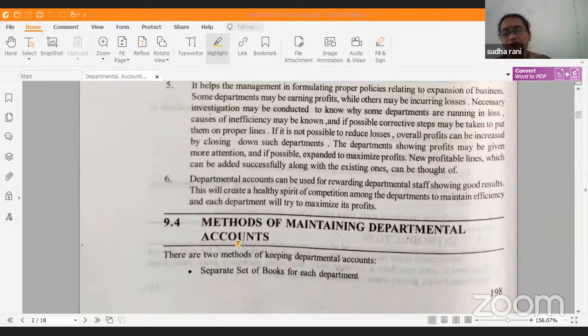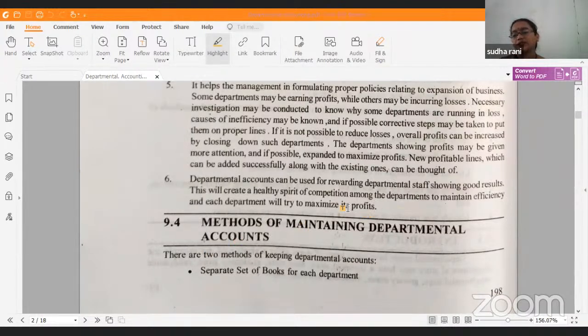That means if a business has three departments, A, B, C, you will be given in the question some expenses, assets and liabilities, with purchases, sales, opening stock and closing stock, and you will be asked to prepare the trading and profit and loss account and balance sheet of those departments. As usual, we prepare the trading account, profit and loss account and balance sheet, but we open three columns, because all three departments A, B, C are shown in one account only.